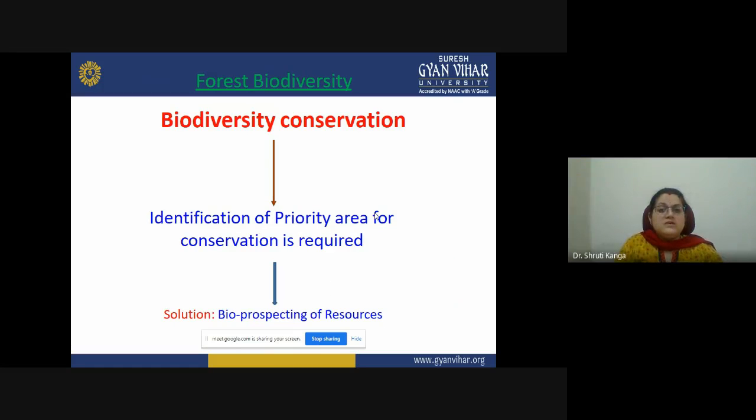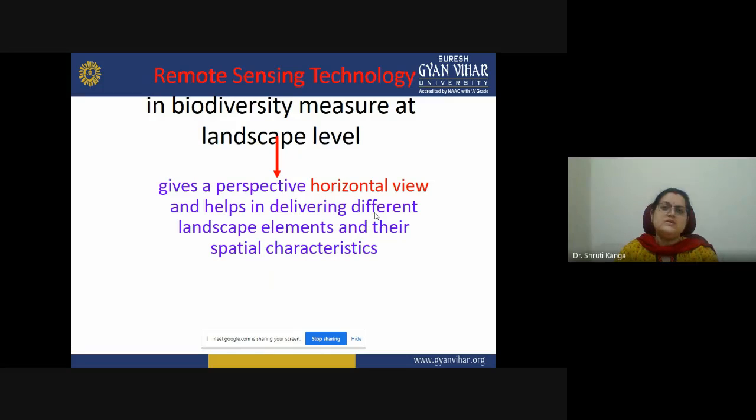Now the forest diversity: if you talk about diversity conservation, identification of priority areas for conservation is required, and then the solution, bioprocessing of the resources. So for forest biodiversity, they first have to go for the identification of priority areas which need conservation at the first stage, and then the solutions for how we can proceed with these biodiversity activities related to the management of different biodiversities.